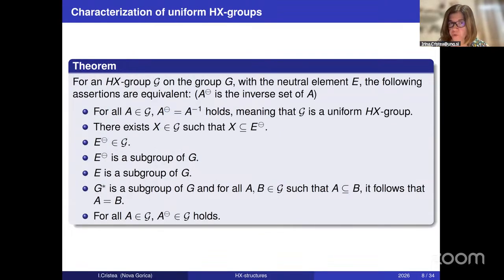For an HX group G with the neutral element E, we have the following properties. It's interesting to see that the inverse set is a subgroup of G. Also, the neutral element of the HX group is a subgroup of G. Another important property is that G star, I remember, the union of the sets of G, is a subgroup of G, and for any two elements such that A is included in B, it follows that they are equal.